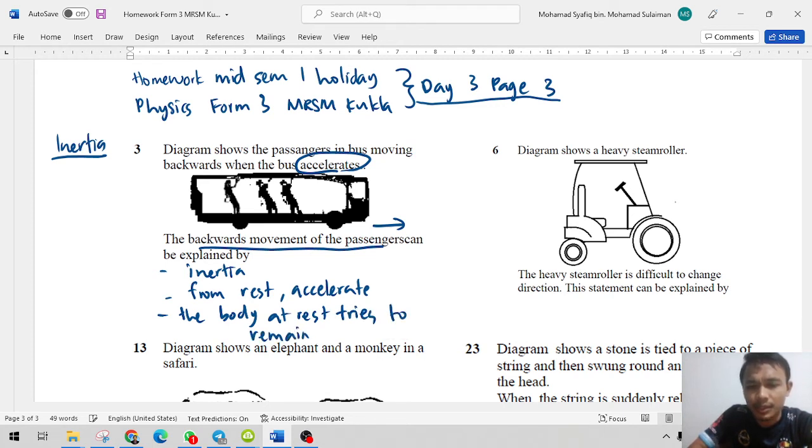Okay, so that is the reason, to remain at rest. So that's the first answer, and that's the first mark.